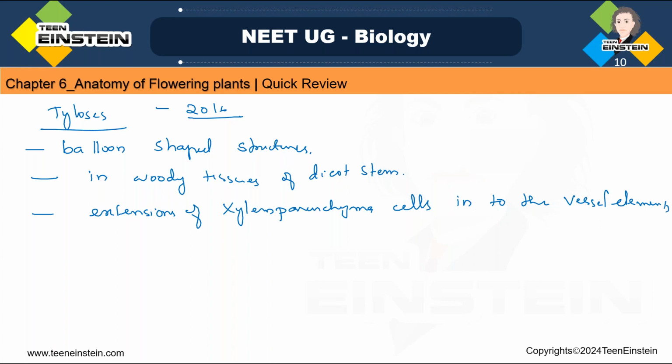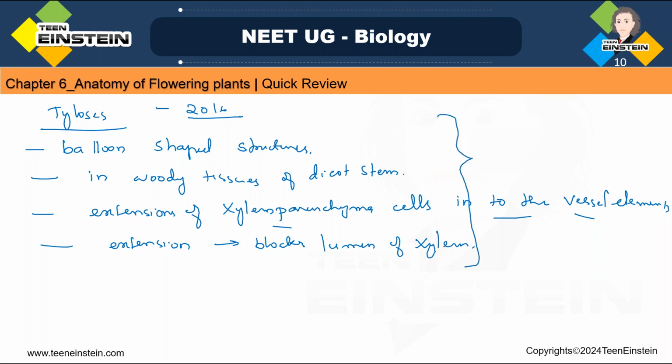So xylem parenchyma cells extend into the xylem vessel elements, and that extension blocks the lumen of the xylem. So these are the 4 questions of previous years from the point of tylosis.